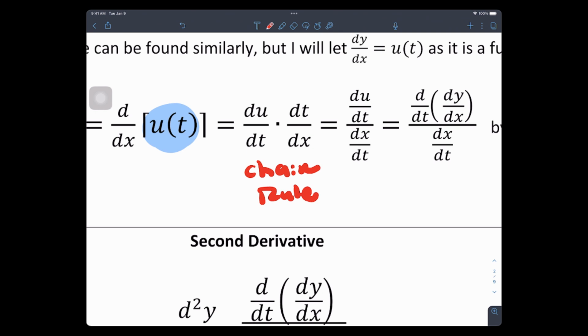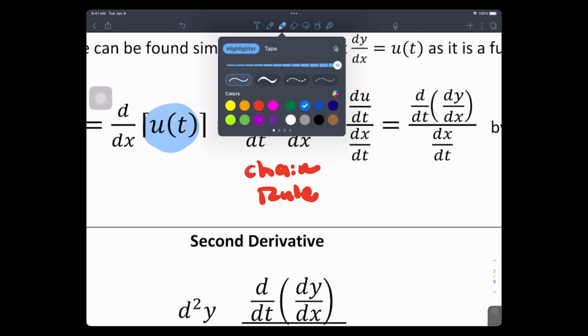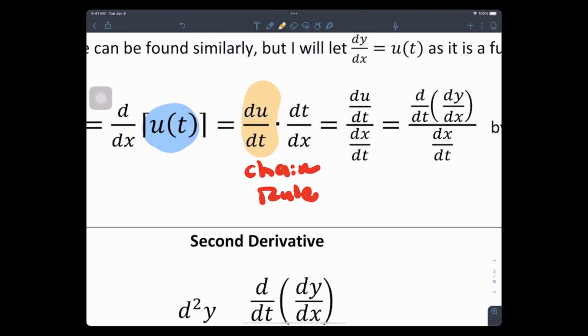So d dx of a function of t is du dt times dt dx. This is all by chain rule. So I wrote chain rule as a quotient now, meaning du dt is right here, and then that dx dt.